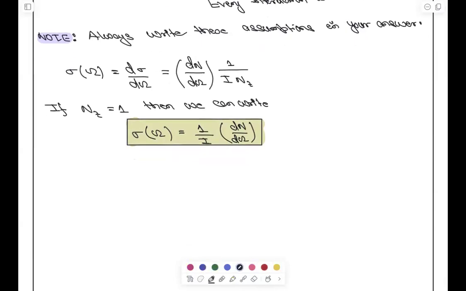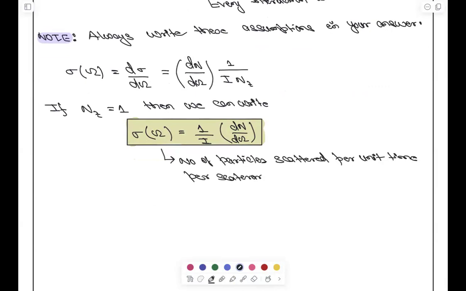So this is nothing but the number of particles scattered per unit time per scatterer per solid angle. That is what it is; dN is the number of particles scattered per unit, all those things.